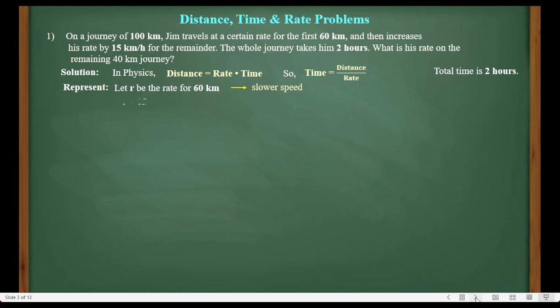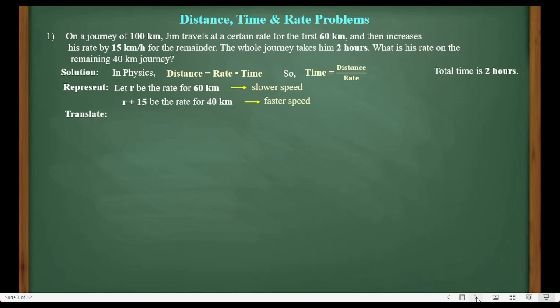Then the second speed for the remaining 40 kilometers is denoted as r plus 15. If the first is the slower speed, then r plus 15 is his faster speed. This is his rate for his 40-kilometer journey or trip, also known as the faster speed or rate.